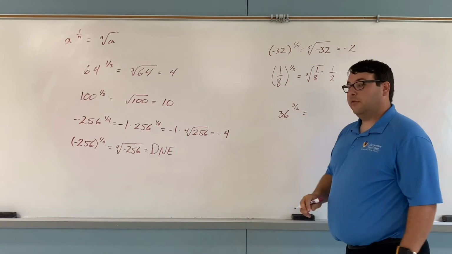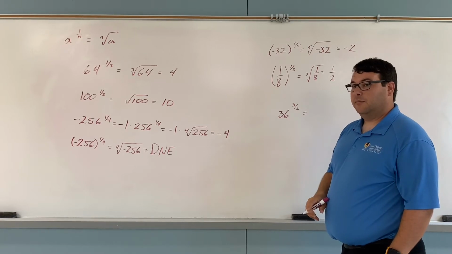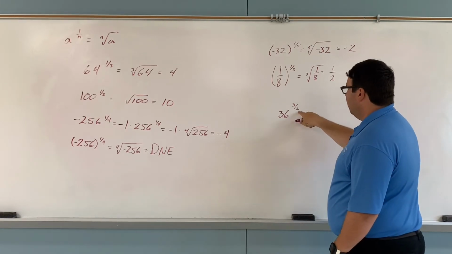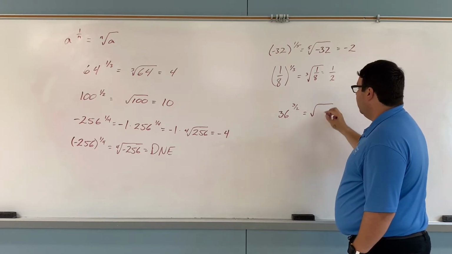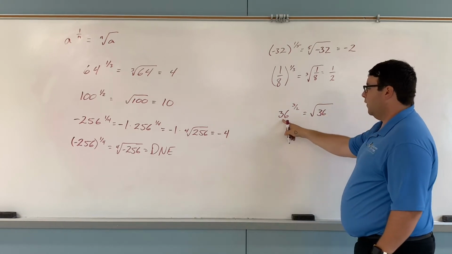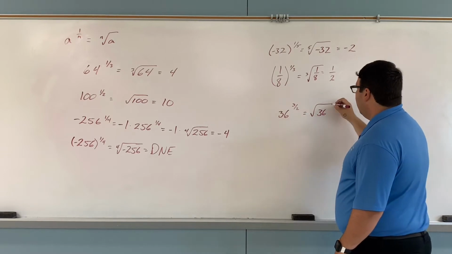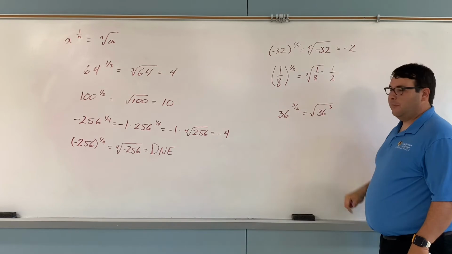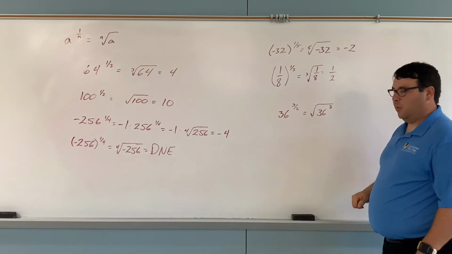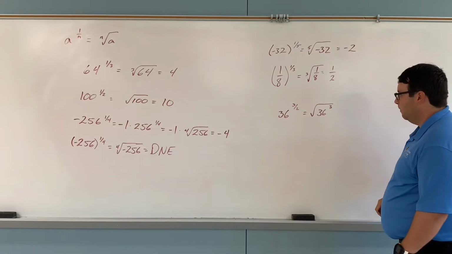Well, I'm going to follow the same process for converting, but check this out. My root index is 2, so I have the square root. The 2 is implied. My radicand value is 36, right? And then I have this cubic value. So I have this 3 from my power as my power for my base, for my radicand.